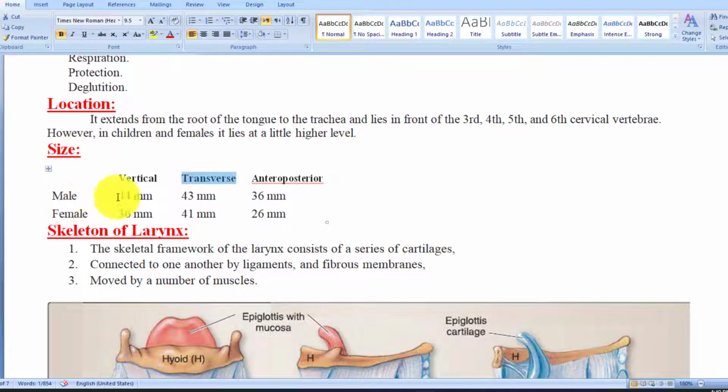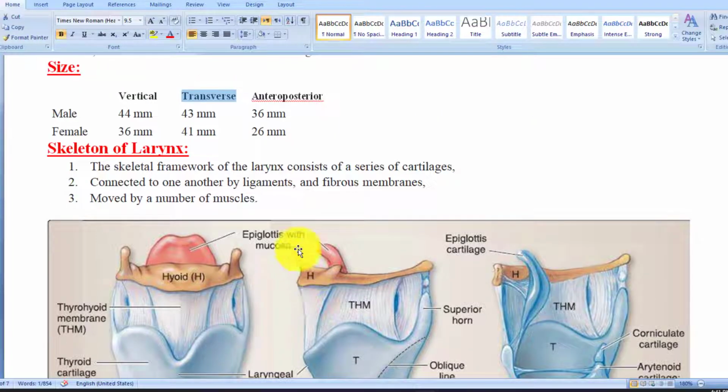In males, the length of the larynx is 4.4 centimeters, or 44 millimeters, and in females its length is a little bit less, 3.6 centimeters or 36 millimeters. Its transverse diameter is 4.3 in male and 4.1 in female, and anteroposteriorly it is 3.6 in male and 2.6 in female.